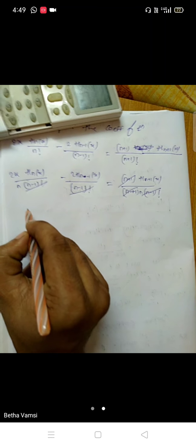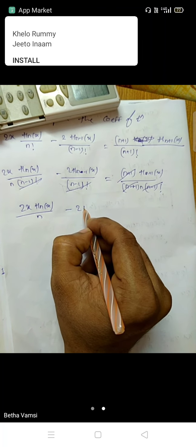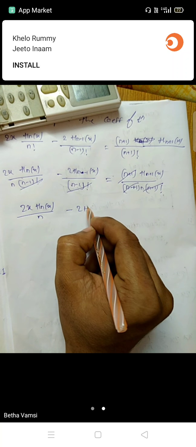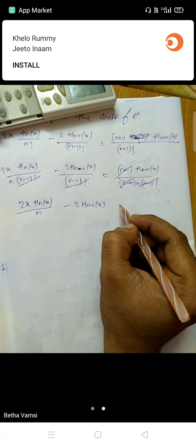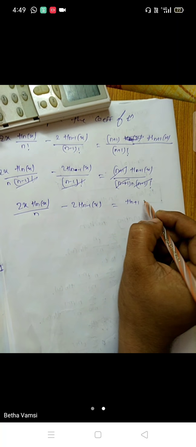So you end up with 2x into H_n of x divided by n, minus 2 times H_(n minus 1) of x, equals H_(n plus 1) of x divided by n.